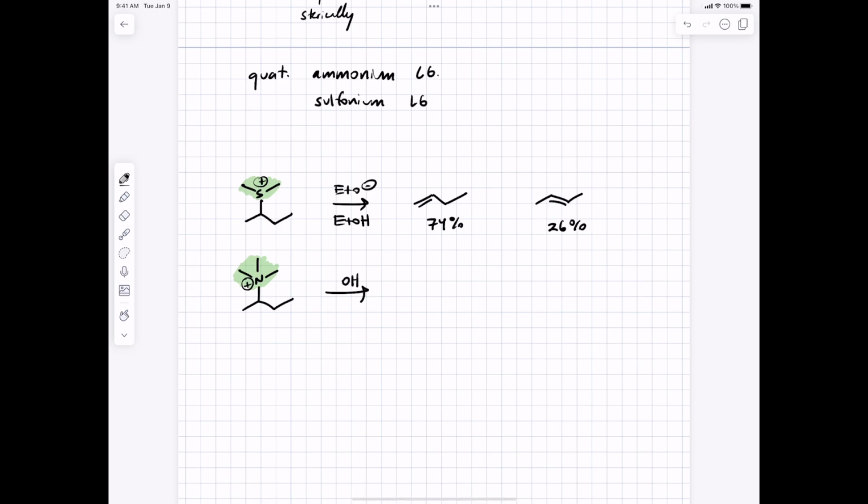And then the elimination of this quaternary ammonium group gives you the same products, and the ratios are even better, 95% for the Hofmann product and only 5% of the Zaitsev product. So the question is, why does it turn out this way? What do you think?